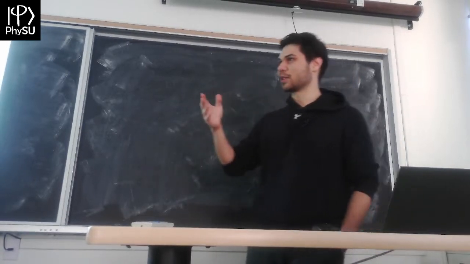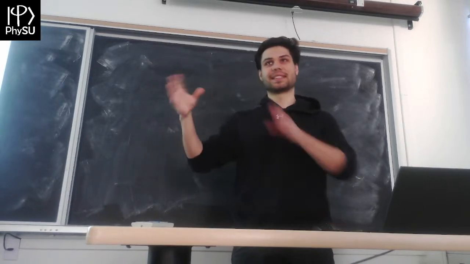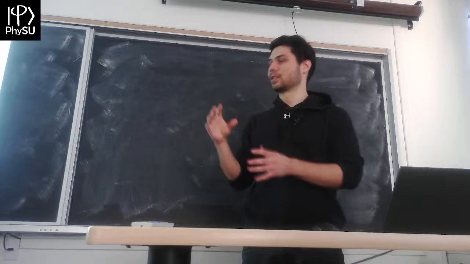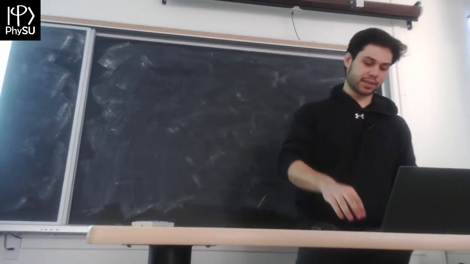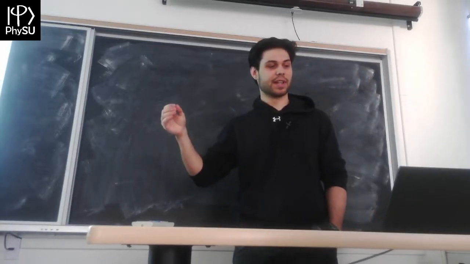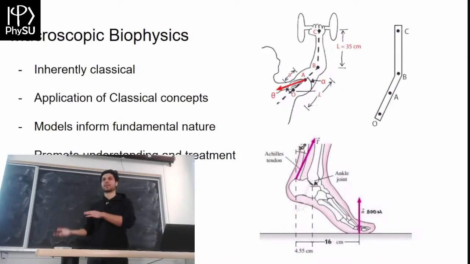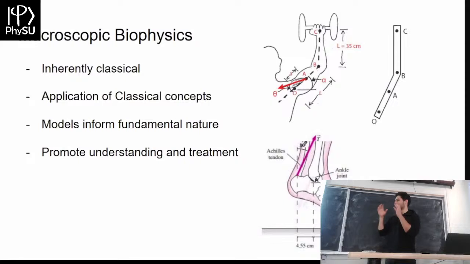To go through it, I'm going to start at a larger scale, and I'll go smaller and smaller, observing instances of biophysical or physical concepts in biological contexts. Of course, first we'll start with macroscopic biophysics. This is inherently classical in nature, right? Any amalgamation of bone and muscle can be broken down into tension strings and rigid beams.